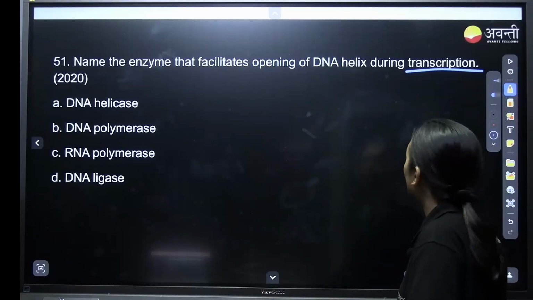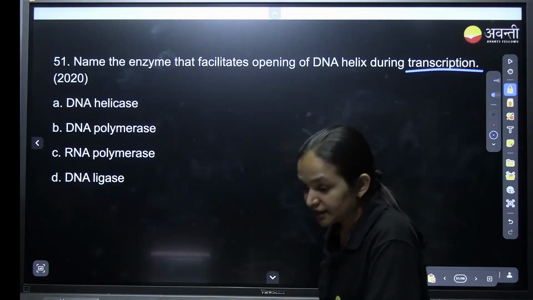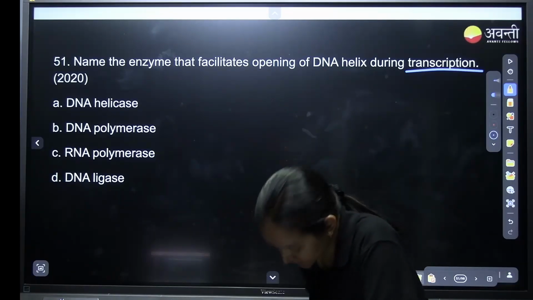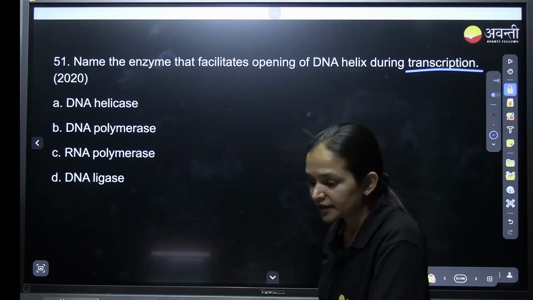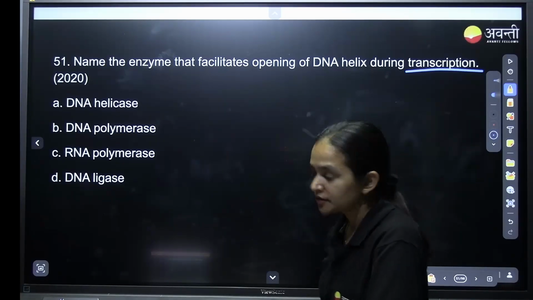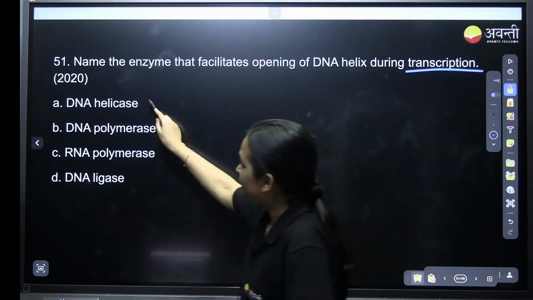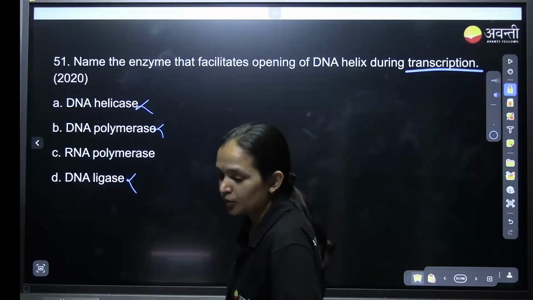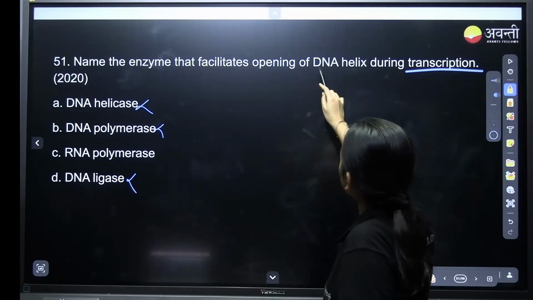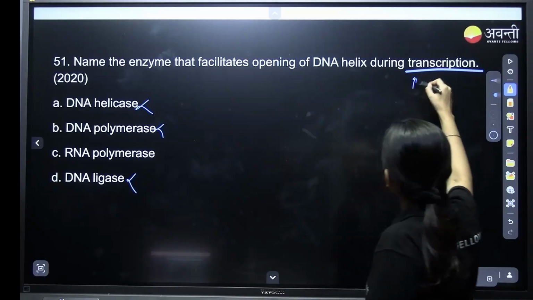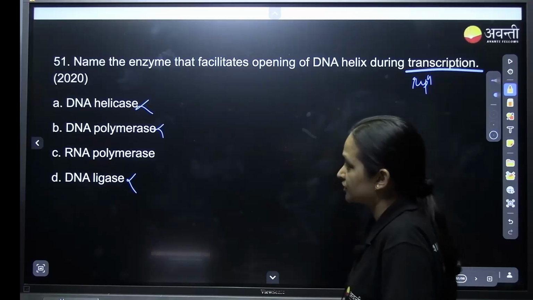Again read the question carefully. हम replication के बारे में बात नहीं कर रहे हैं, हम बात कर रहे हैं transcription के बारे में. DNA helicase, DNA polymerase, DNA ligase क्यों ही आएगा transcription में, बताओ. Opening of the DNA helix during the replication is done by DNA helicase.